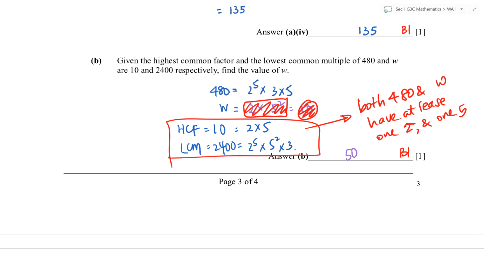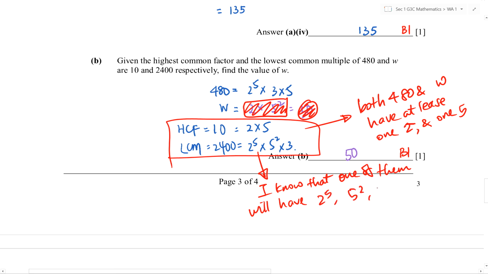And then based on the LCM, I know that one of them will have 2 power 5, 5 square, and 3. Okay, that's the maximum power that we can go. So we see W must have a 2 and a 5. Okay, I can fill in the blank already. W equals 2 times 5. I don't know the powers yet. They can change.